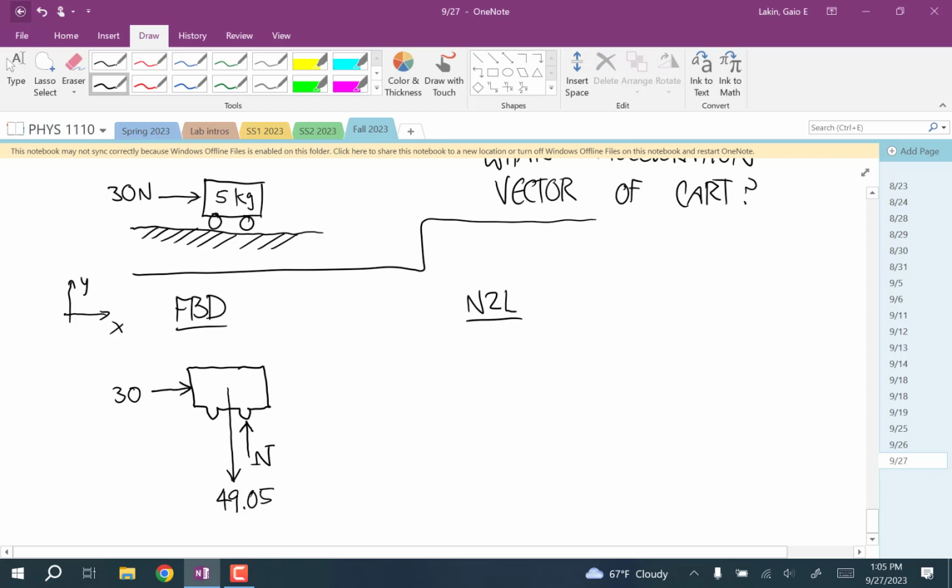That's pointing in the positive x direction, right? So what would be the x component? 30. 30, yep. And what would be the y component? 0. That's right. And then go to the weight force. We're used to that one, so that's 0, negative 49.05.